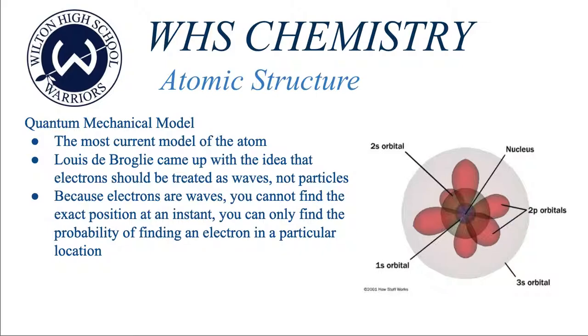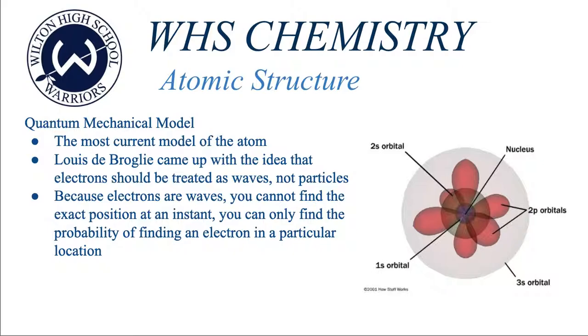A major flaw in the Bohr model was that electrons were seen as particles orbiting the nucleus. But in the quantum mechanical model, the electrons are not actually orbiting the nucleus in a clear path. They're sort of in a cloud, and you cannot find the exact position at any instant because they're more like waves.